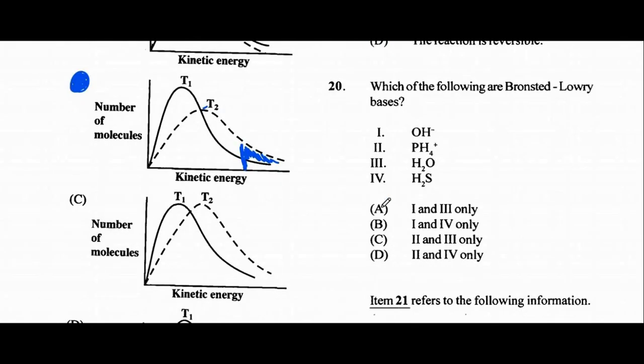Which of the following are Bronsted-Lowry bases? Bronsted-Lowry bases are proton acceptors. They accept the H plus ions.